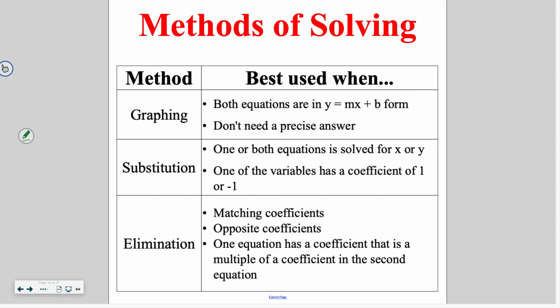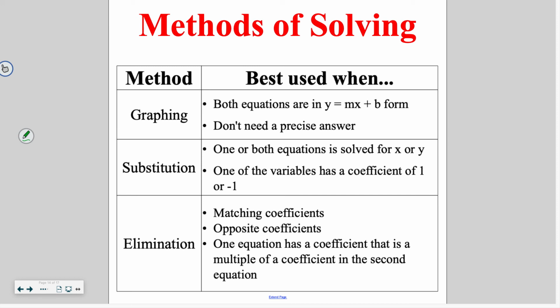Substitution works well if one or both of the equations is solved for a variable. So if an equation says x equals 2y plus 7, it's super easy to plug in for x into the second equation. Or if it says y equals 4x plus 8, it's super easy to plug in for y in the second equation. If either of the variables has a coefficient of 1, and you can easily solve to get one of these by itself, substitution is also an option.